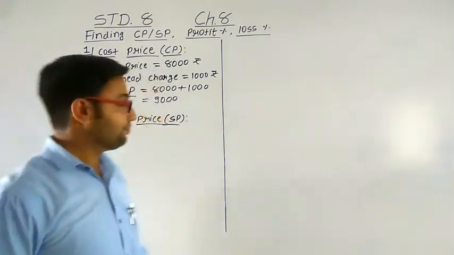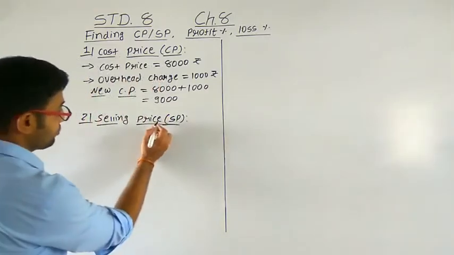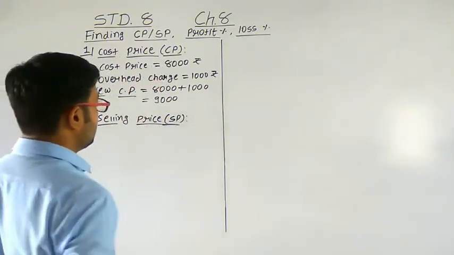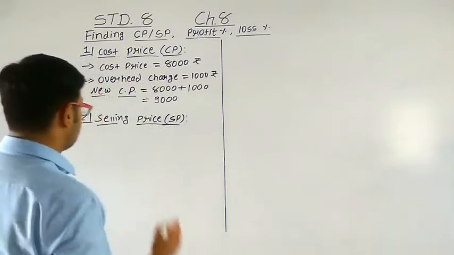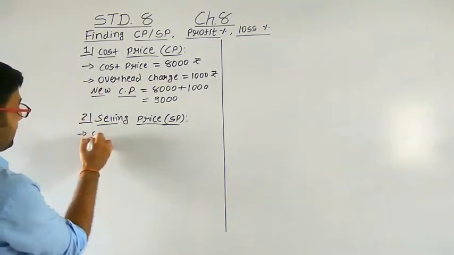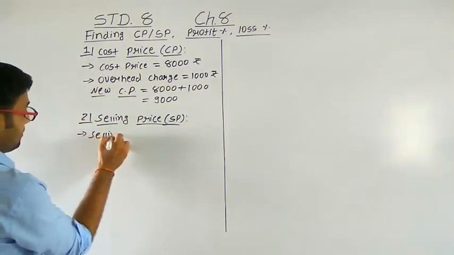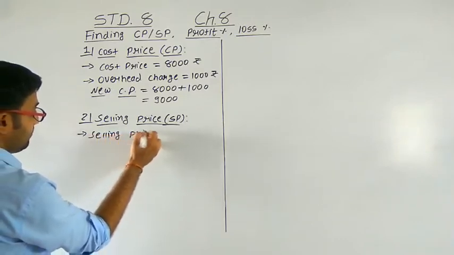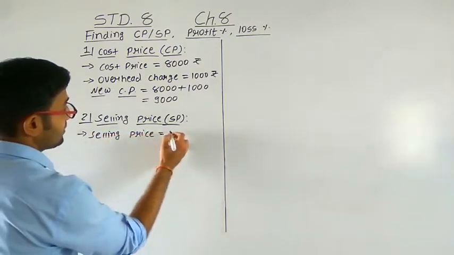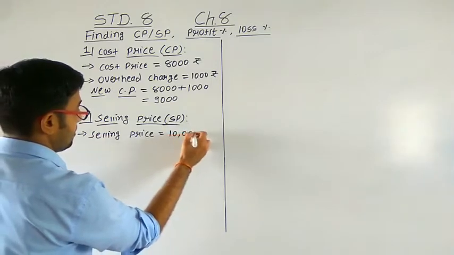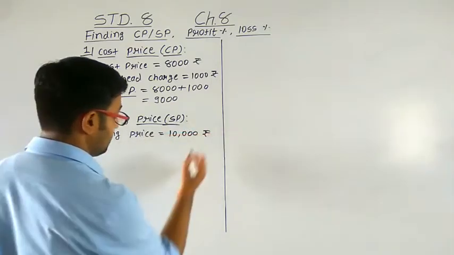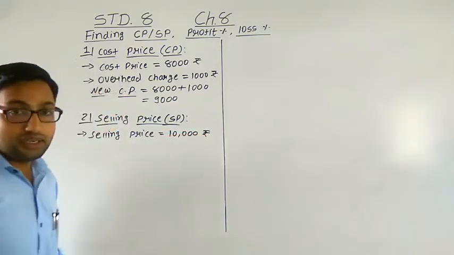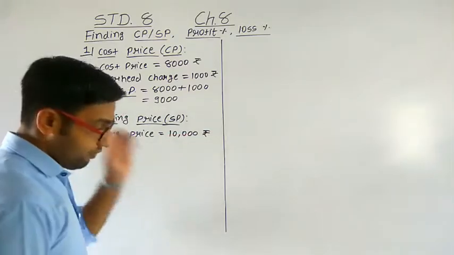Now suppose you sell this TV for 10,000 rupees. So your selling price will be 10,000 rupees, right?